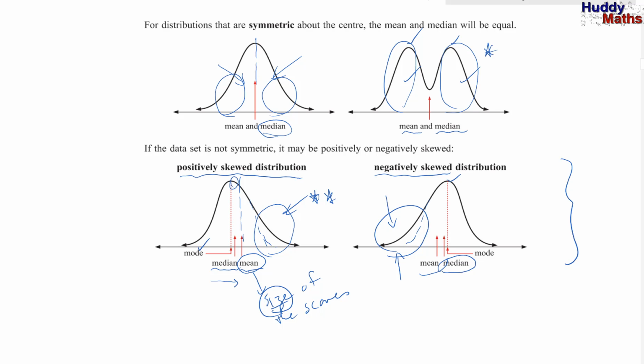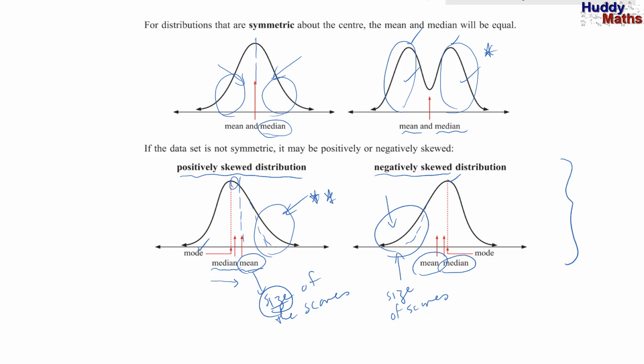But the mean will be further to the left because we're going to add the scores up, and so the size of the scores is important to the mean. It's going to be moved more to the left. So now they won't quite be the same, depending on how much skewness there is.